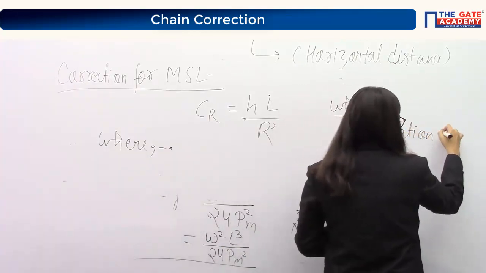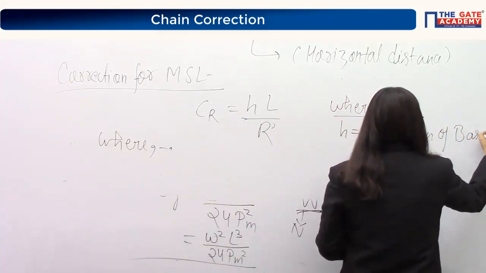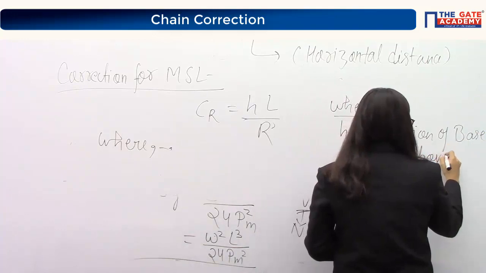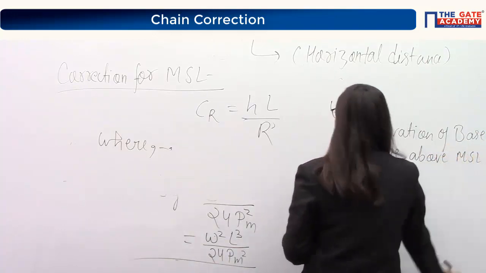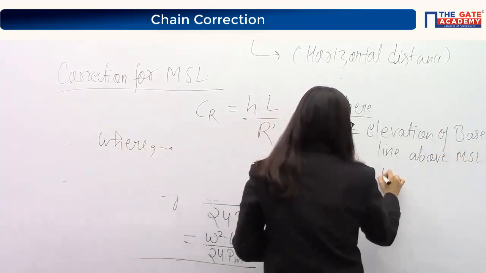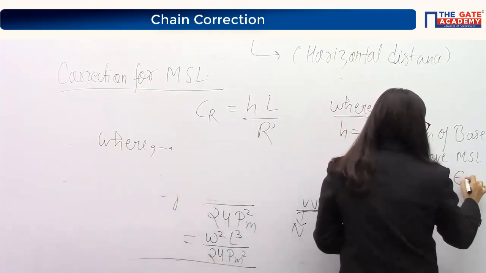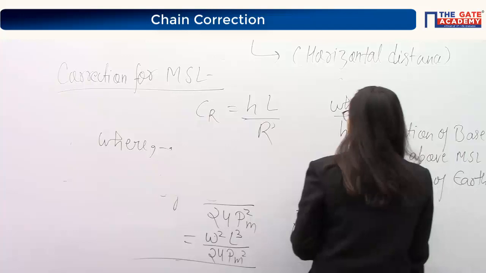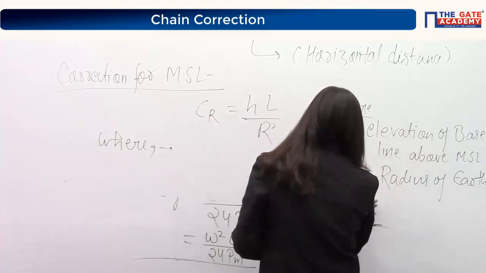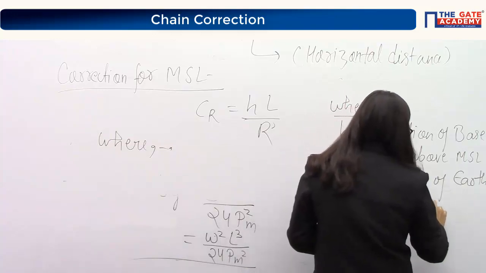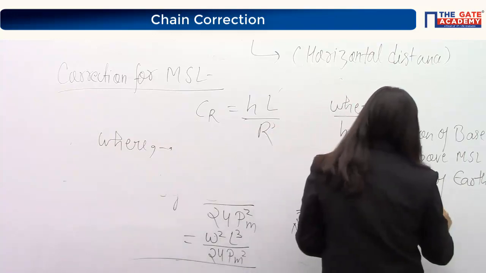H is the elevation of baseline above MSL, R is radius of Earth, and L is nothing but the measured length, or you can write L dash here also.